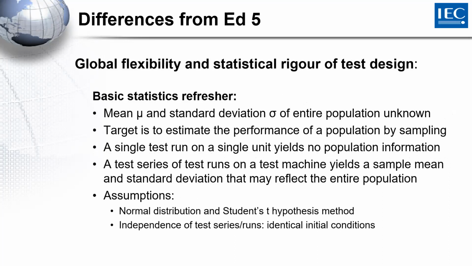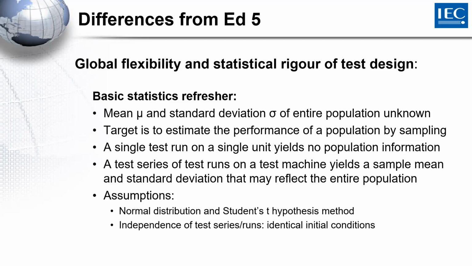This is just a basic statistics refresher to help you. I needed this, and I'm sure many of us have forgotten much statistics. When the mean and standard deviation of the entire population is unknown, we try to estimate the performance by sampling. A single test run on a single unit gives you no information on the population.